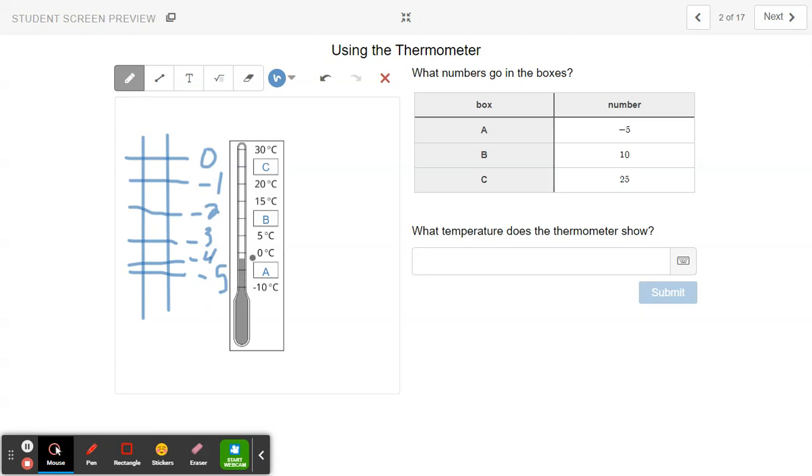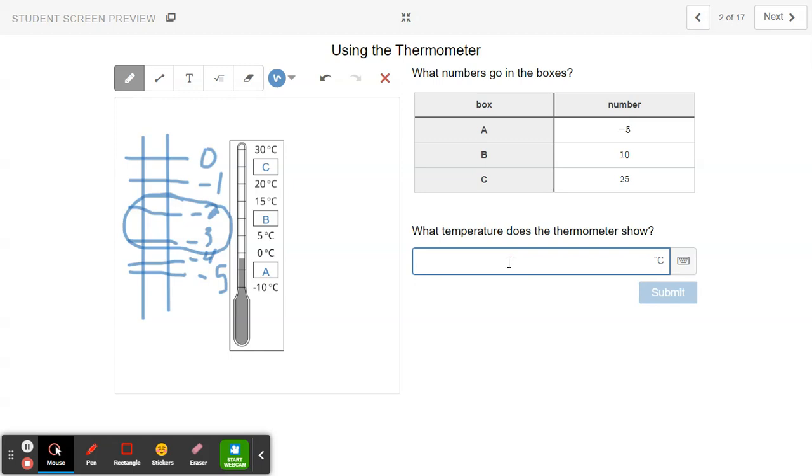When I look at this, I know that it's closer to 0 than to negative 5. So that tells me it's going to be somewhere in this area here, between negative 2 and negative 3.